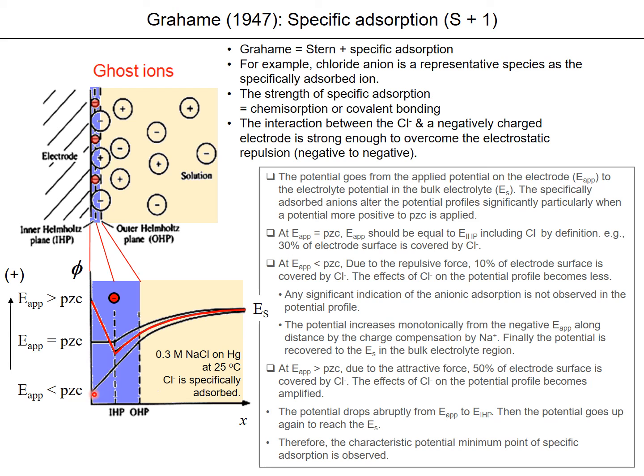Any significant indication of the anionic adsorption is not observed in this potential profile for the EF more negative than PZC, point of zero charge. Let me read this curve again. The potential increases monotonically, right, from the negative EF a long distance by the charge compensation by sodium plus.